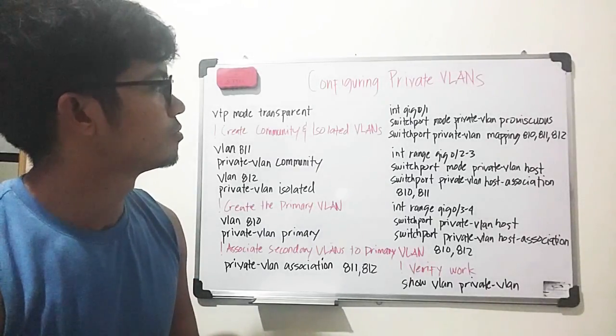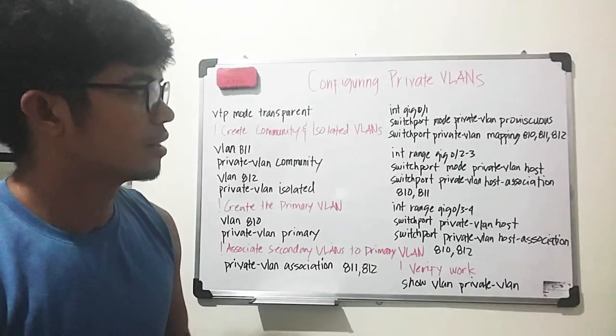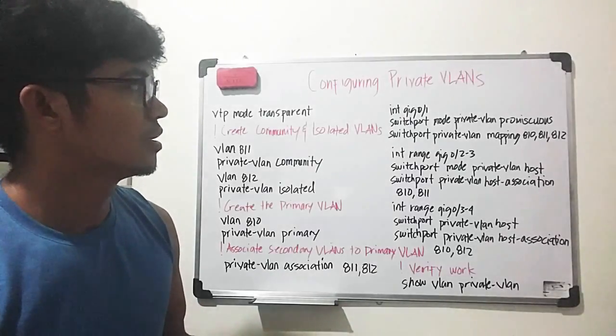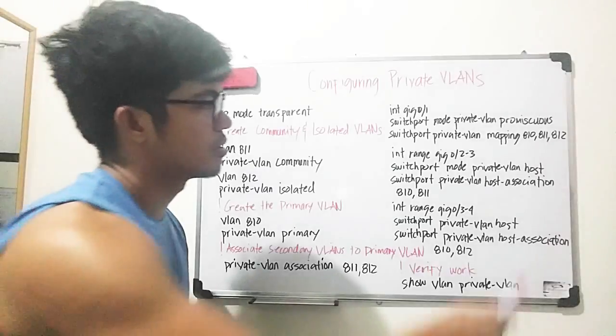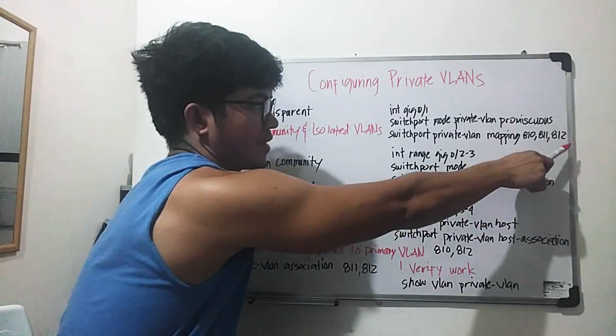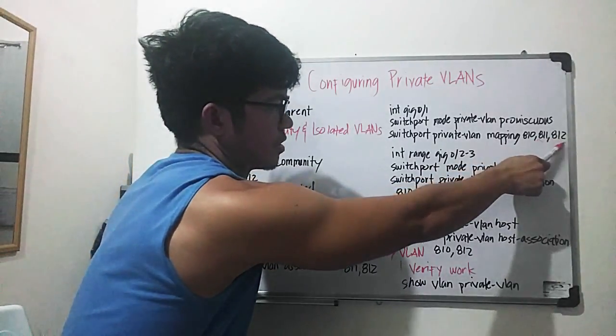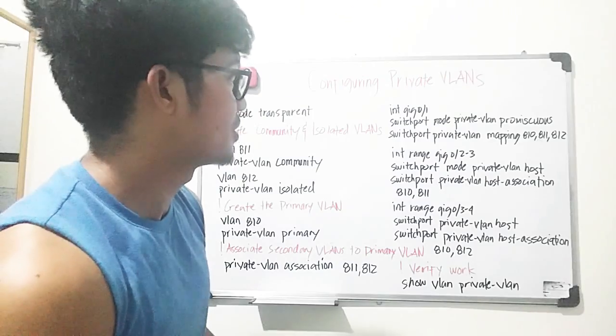And you need to map all the VLANs. In this case, you need to map the primary VLAN and the secondary VLANs, so this is the community VLAN and this is the isolated VLAN.